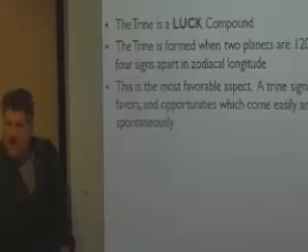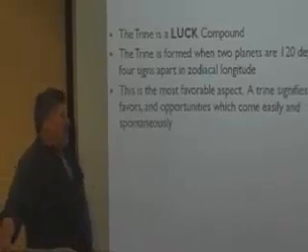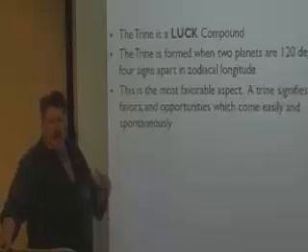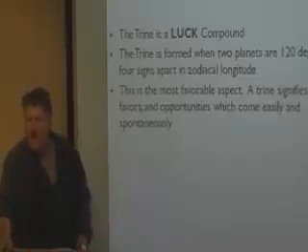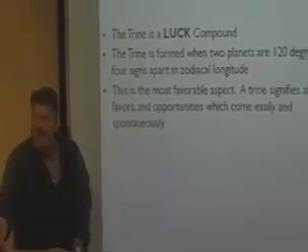The trine is considered the most harmonious aspect in astrology. It brings abilities, favors, opportunities. It brings the things into our lives that come easily and spontaneously, and they feel really good.